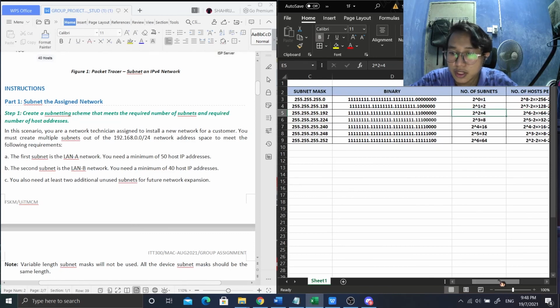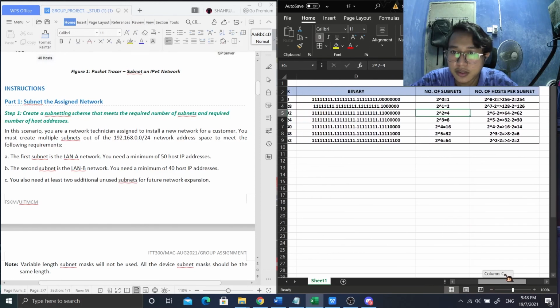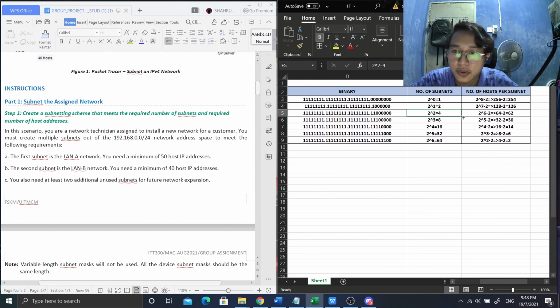For /26 it has 4 subnets, /27 it has 8, /28 it has 16 subnets, /29 it has 32 subnets, and /30 it has 64 subnets.